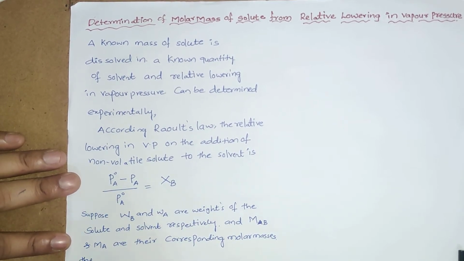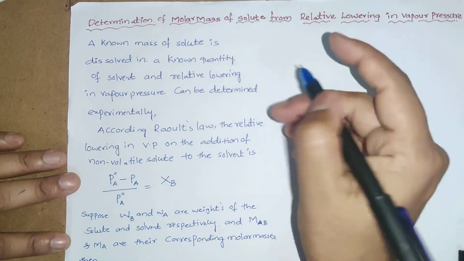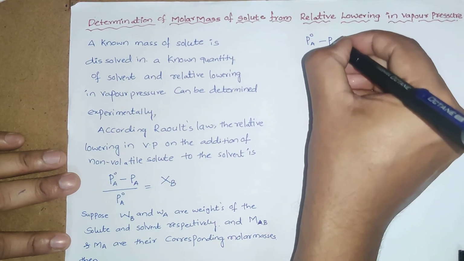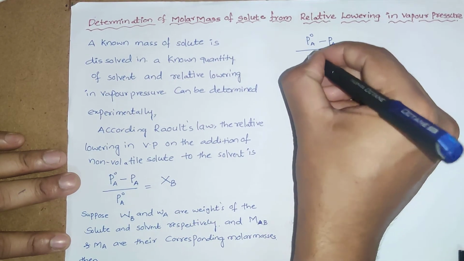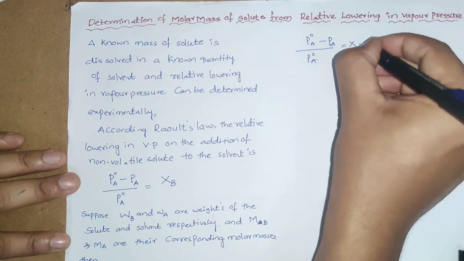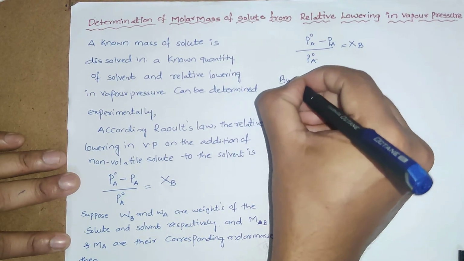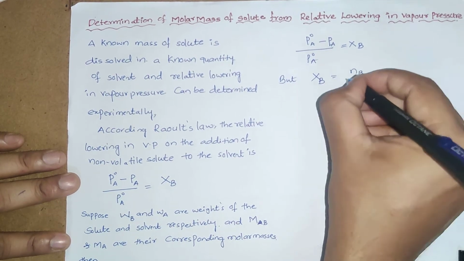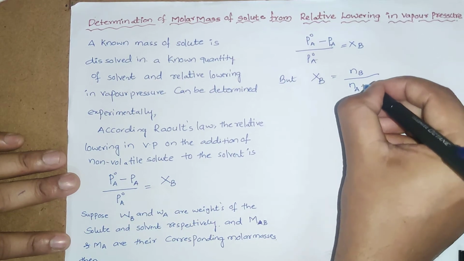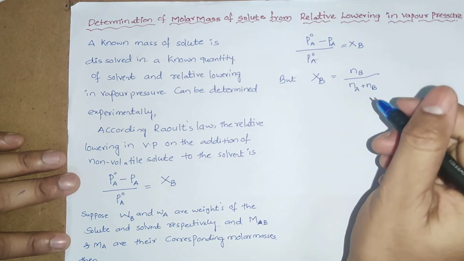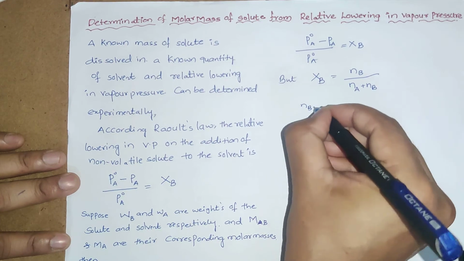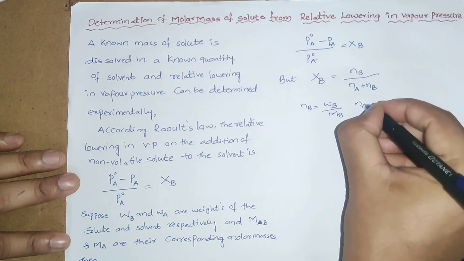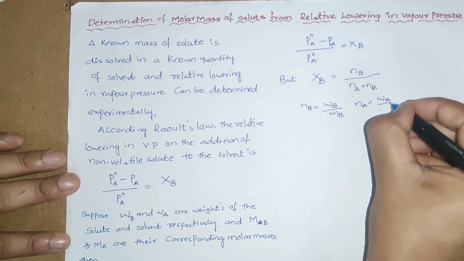Now let us take this equation: (P naught A minus PA) by P naught A is equal to XB. We know the mole fraction of a component is the number of moles of that component divided by the total number of moles, that is NA plus NB. NB is equal to WB by MB, and NA is equal to WA by MA.